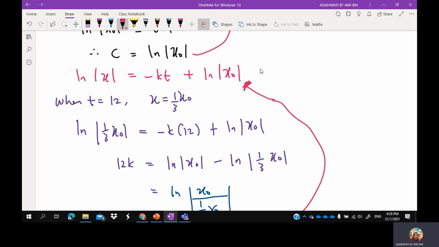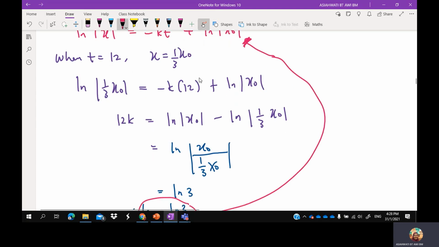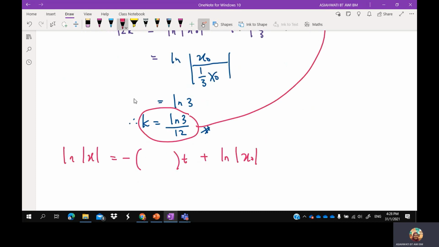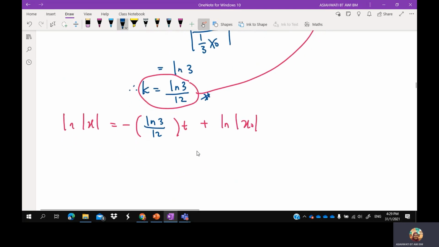Write down the equation: ln x equals negative kt plus ln x naught. k is equal to ln 3 over 12. You can find it in decimal if you want, but make sure it is in a big bracket, and t is outside.